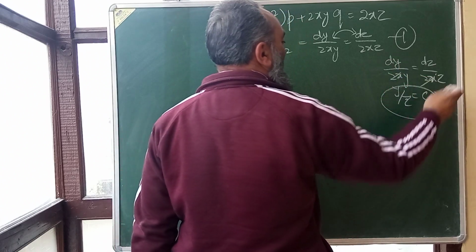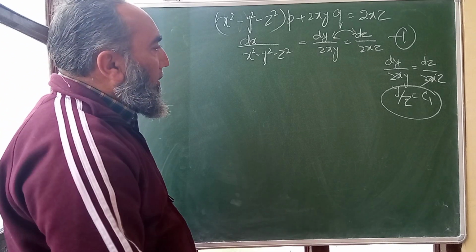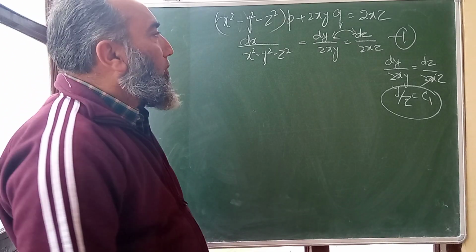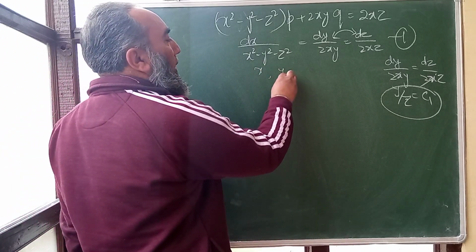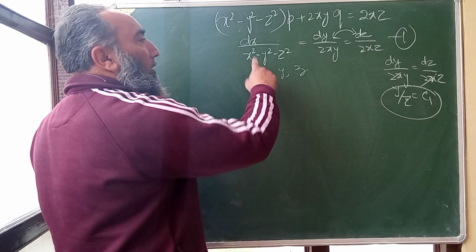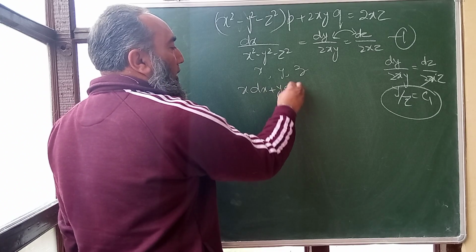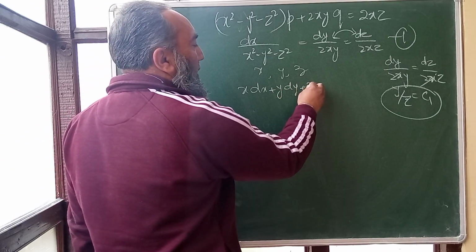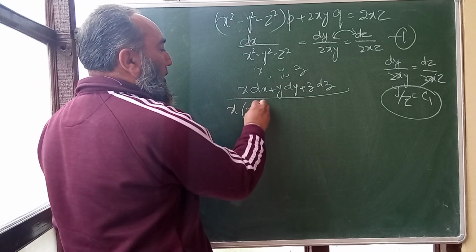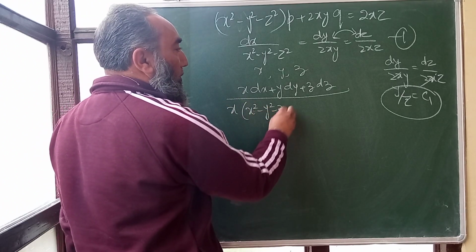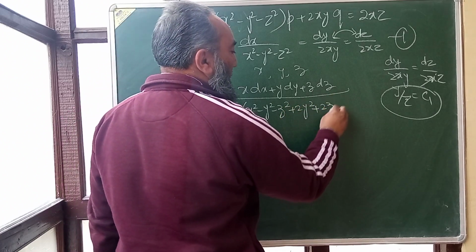Log y, log z, log of c1. So y by z equal to c1. Now you cannot use y by z again, so you have to use multipliers. Now using multipliers x, y and z, what will you get? Each fraction of 1 is equal to x dx, y dy, z dz divided by x times (x square minus y square minus z square) plus 2xy square plus 2xz square.